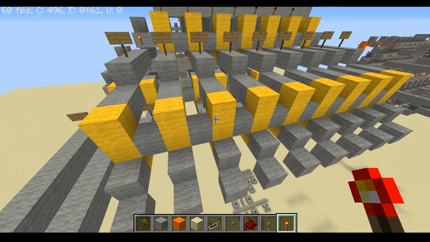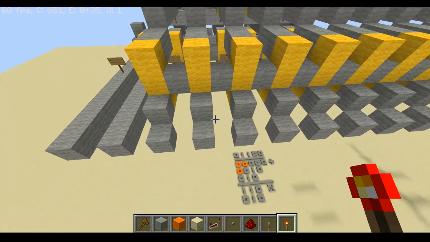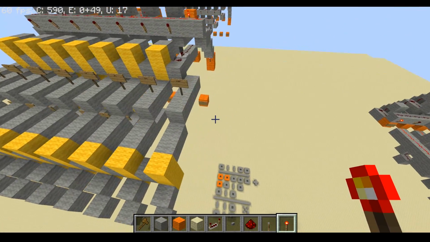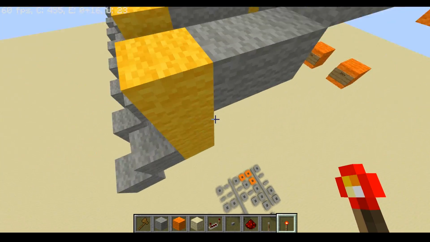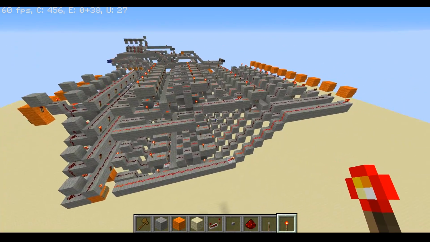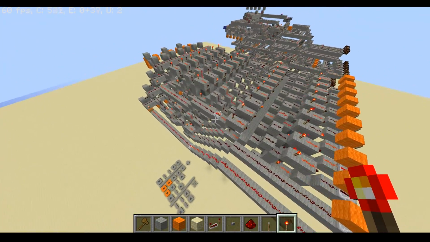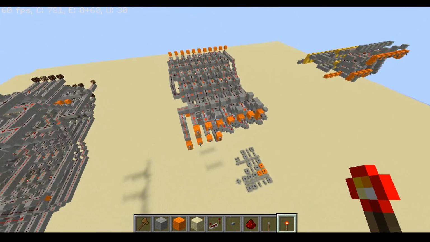This would be 8, and the 16 would just go through here. So it'd be 1, 1, 0, 0, 1. You would just replace each one of these yellow things with adders, like what I did right here, and you would have your multiplier. So that's basically how the multiplication works.